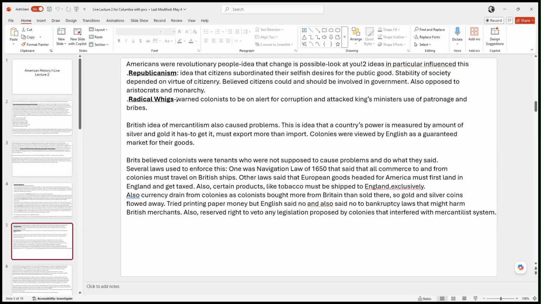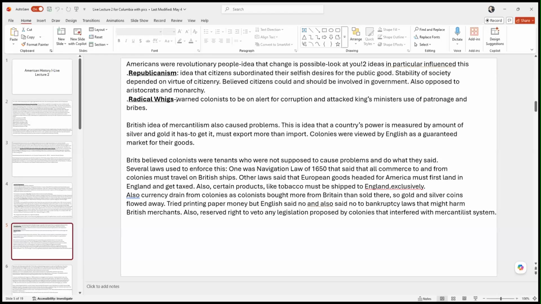Well, the British government was very mercantilist, and they put in place policies that would enable them to export a lot more stuff. In other words, sell a lot more stuff than they imported. And they basically saw their colonies in the Americas as a sure market, a guaranteed market for all their British produced goods.